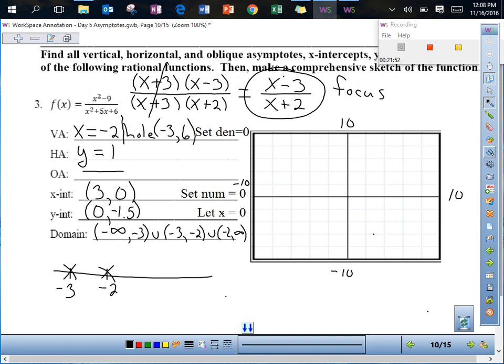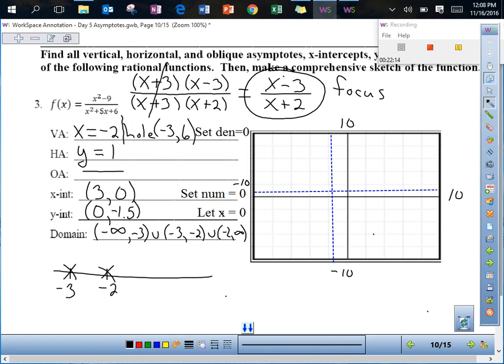Now, I got a vertical asymptote at x equals negative 2, so since these are counting by 2's, it's going to be right there. I will label that in a second. It's a little crooked. I'm also going to have one at y equals 1, which will be right about through there.